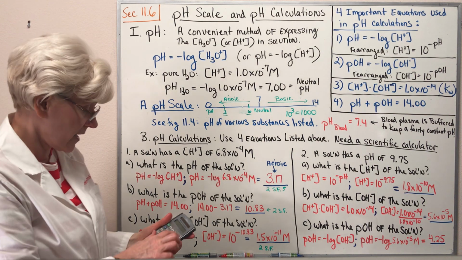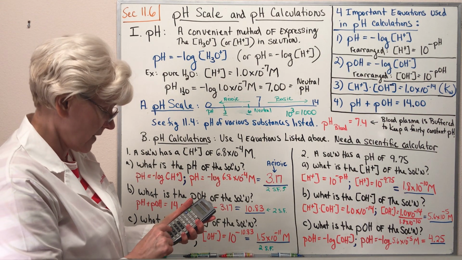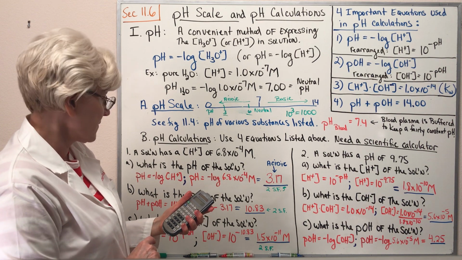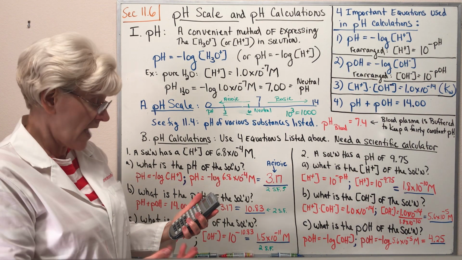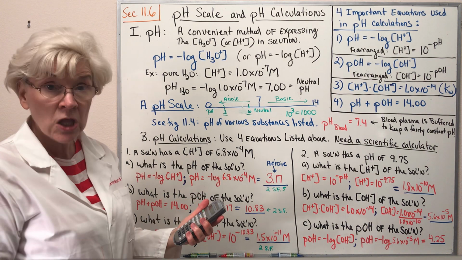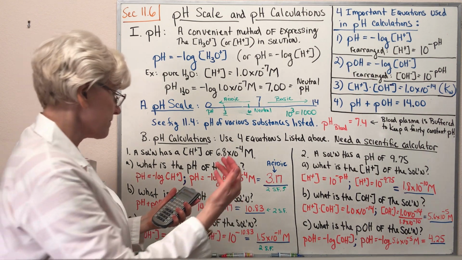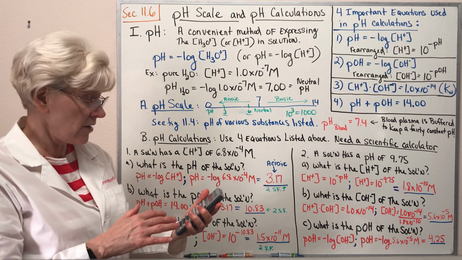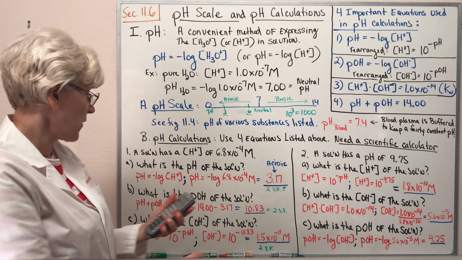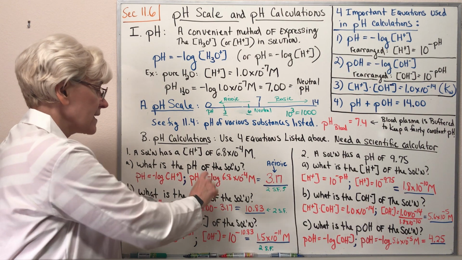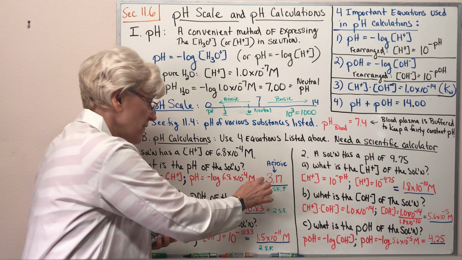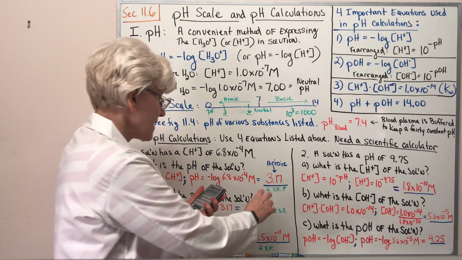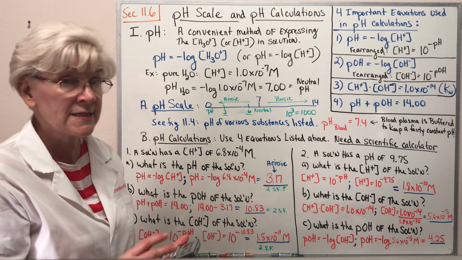If we do this operation on our calculator, entering in the 6.8 times 10 to the minus 4 value, locating the log button, pressing it, I have negative 3.17 on my calculator, but the negative sign changes the negative value on the calculator to a positive number. And I will write down 3.17.